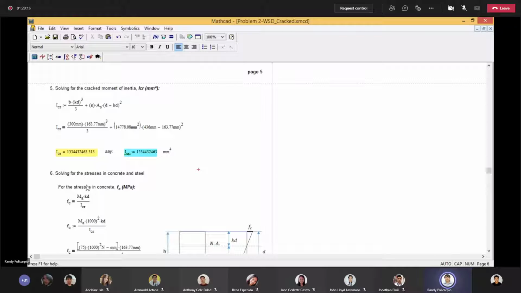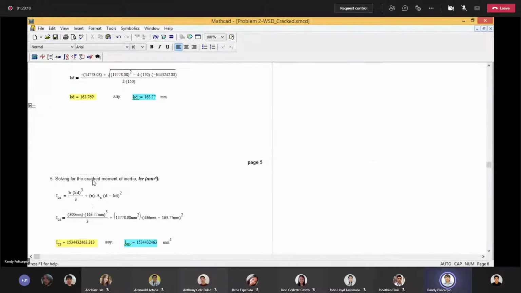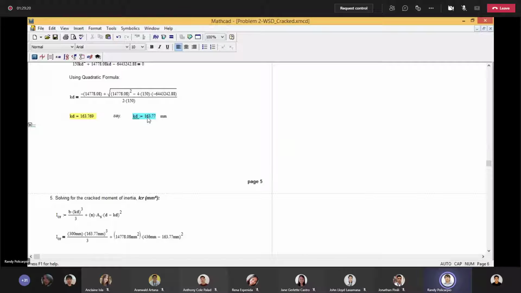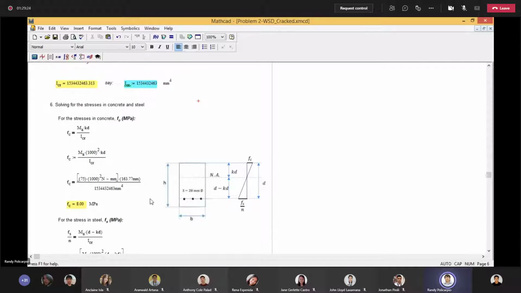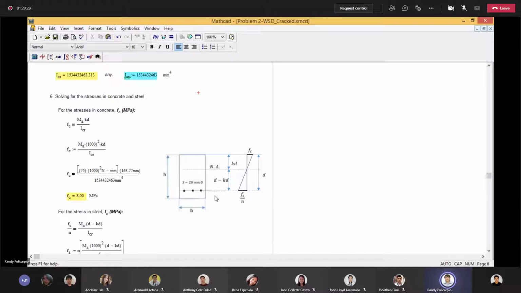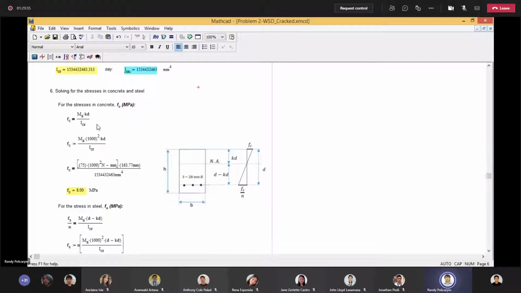Okay, next, after knowing ICR and after knowing the location of the neutral axis, we may now solve the stresses. For crack section, wala na yung F sub T. So it will be F sub C and F sub S na lang. So for the concrete, the distance of FC with respect to the neutral axis is KD.